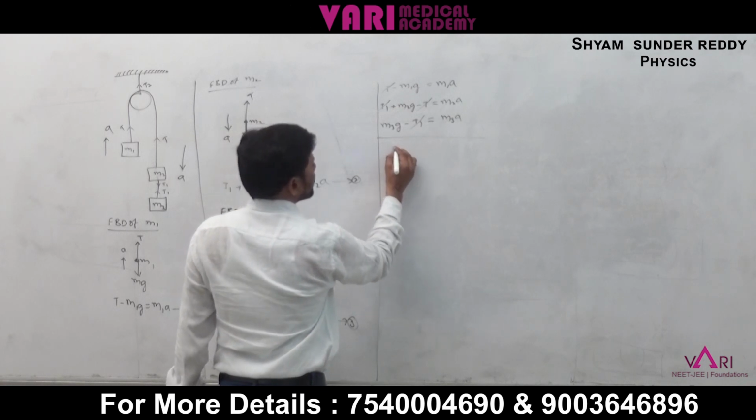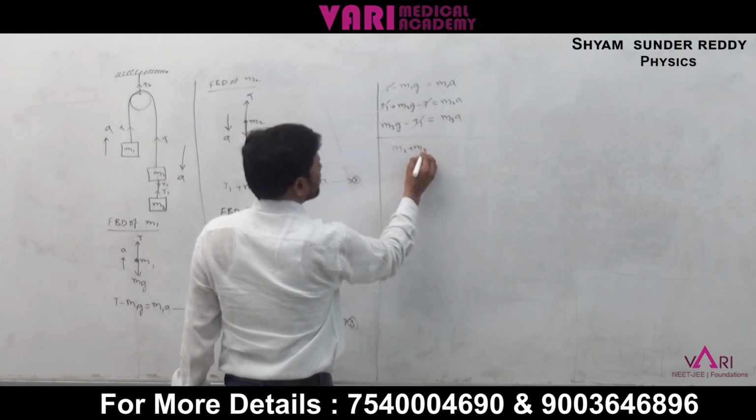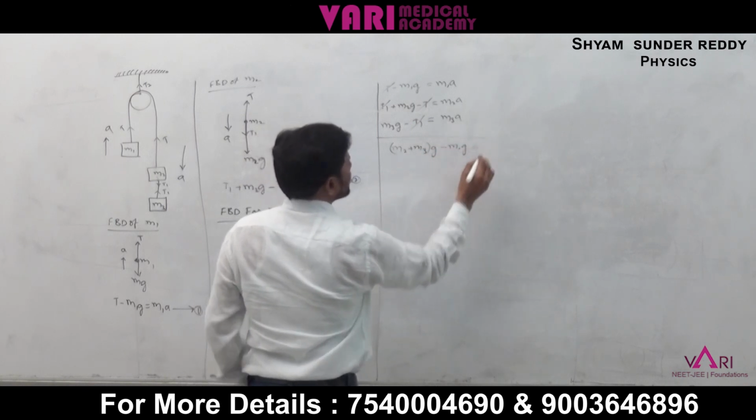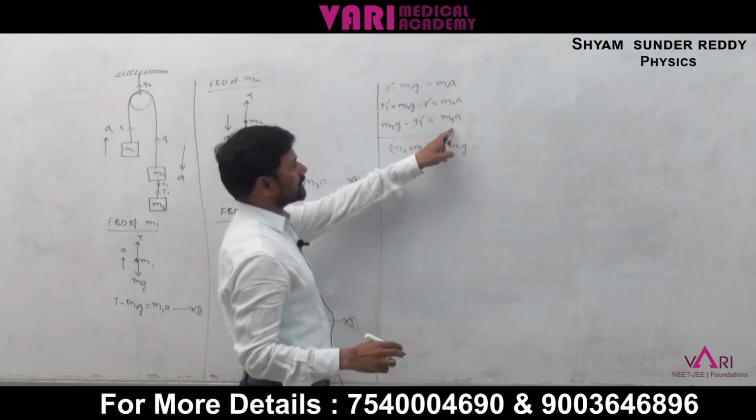This is nothing but (m2 plus m3) into g minus m1g is equal to (m1 plus m2 plus m3) into a.